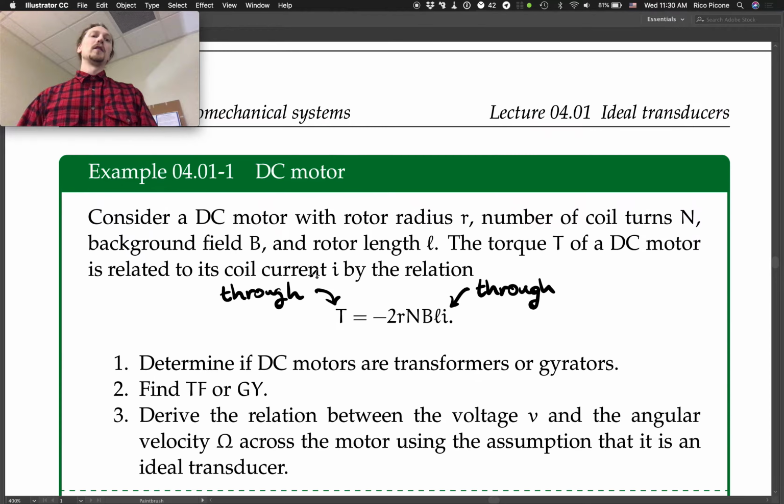So in this case, we have a through variable relating to a through variable, right? The through variable on the electrical side is current. The through variable on the mechanical rotational side is torque.